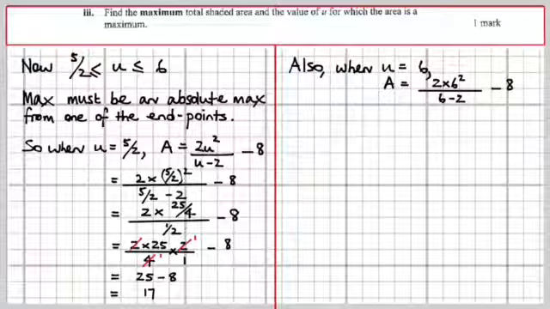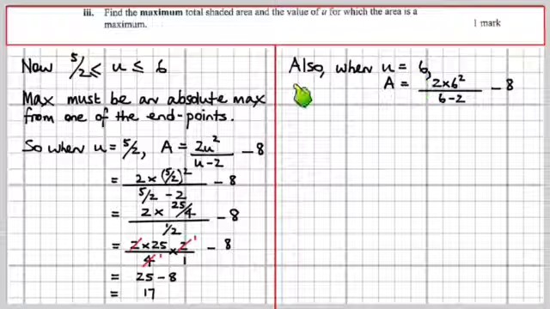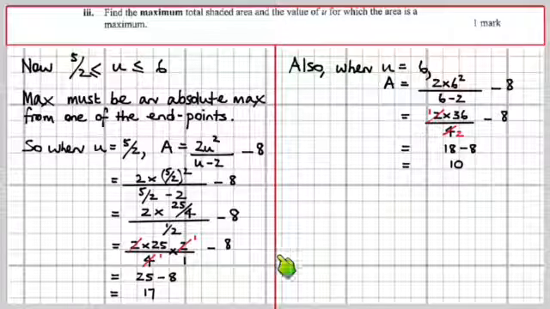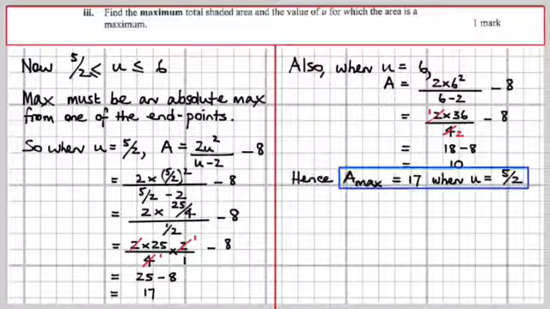Now we plug in the other one, when u is at the other end of the spectrum, when u is 6, and we see which one's bigger, and that's our answer. 2 into 4 goes twice, that's 2 into 36, 18 minus 8 is 10. So this one was 10, this one was 17, this is the winner. When u is 5/2, A max is 17.